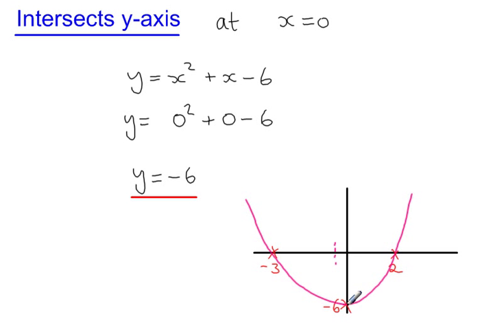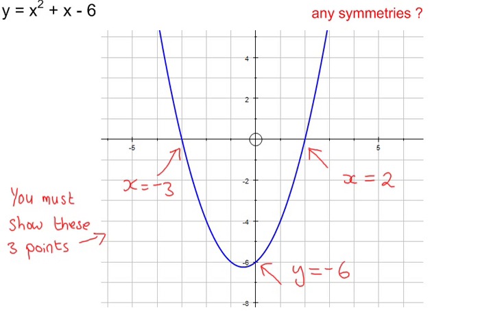The vertex should not be on the y-axis. The vertex should have been here, slightly to the left of the y-axis, halfway between these two roots, so roughly here. This is the actual graph, and as you can see, the vertex is not on the y-axis, it's to the left, it's right here.